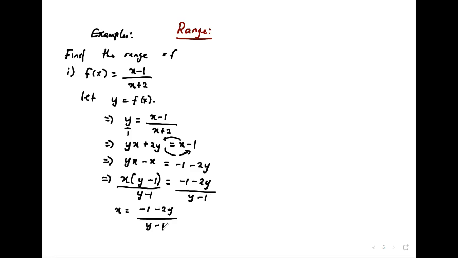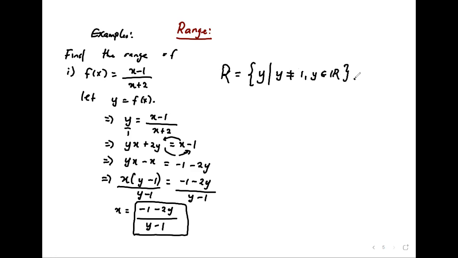If you are solving for the inverse, in order for you to get the range, what you do is you get here and say, once I reach here, then my range is y. Just here, get the domain of this in terms of y, but write it as R, such that y is not equal to 1, but y is a real number. What we mean is y minus 1 is not equal to 0.